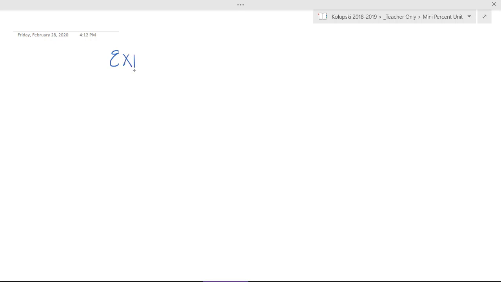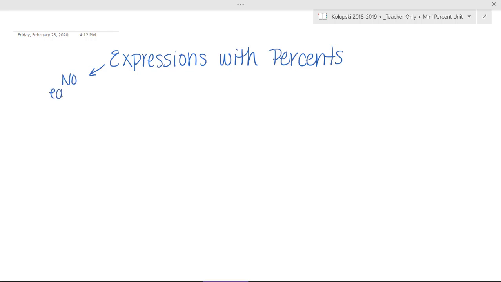So this is expressions with percents. Now, if we break this apart, we know that expressions have no equal sign. We know that it can be simplified, but not solved.